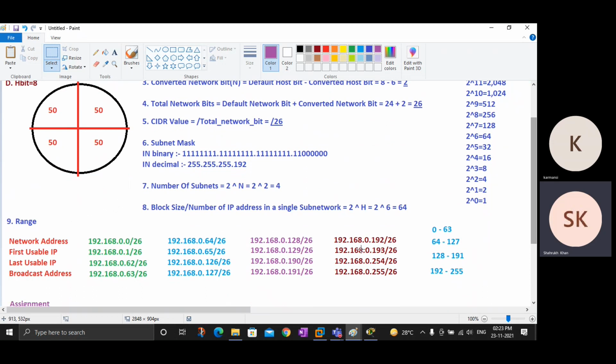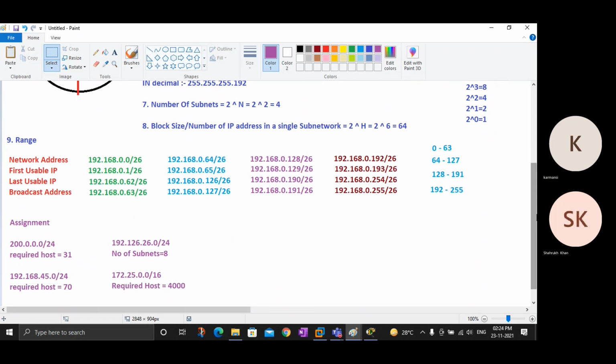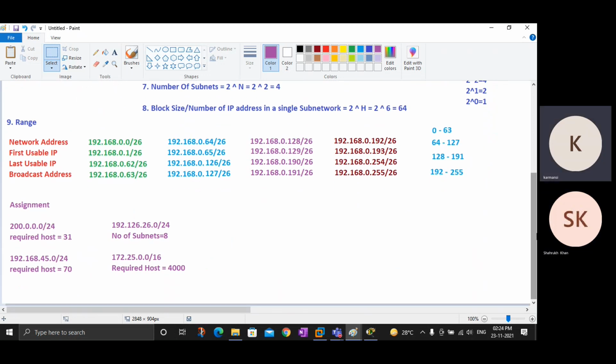Like if in the range we have /26, we got the CIDR, and with the CIDR we can calculate the subnet mask. And while writing the range, we get the block size of each new subnet and how many subnets there will be. So almost everything will be available if you only write that.